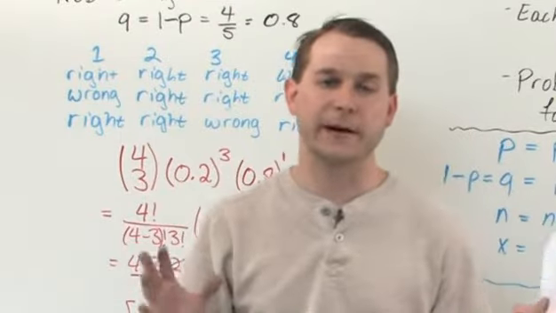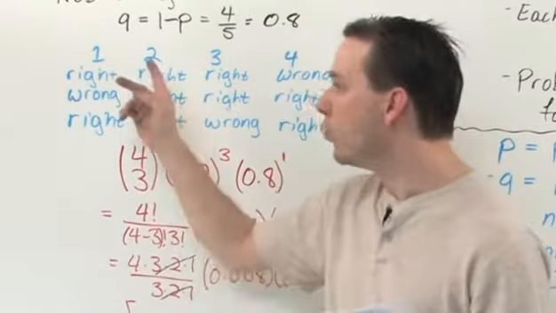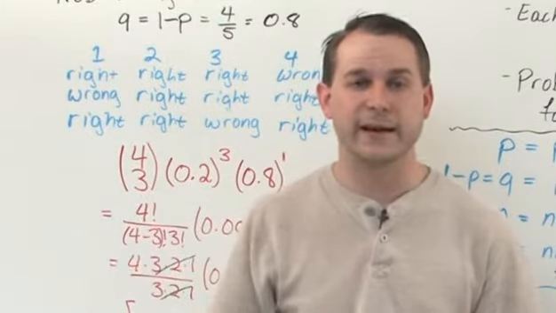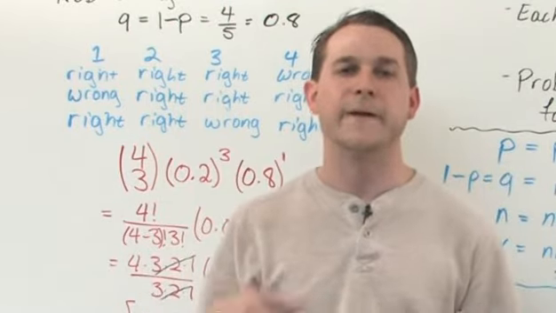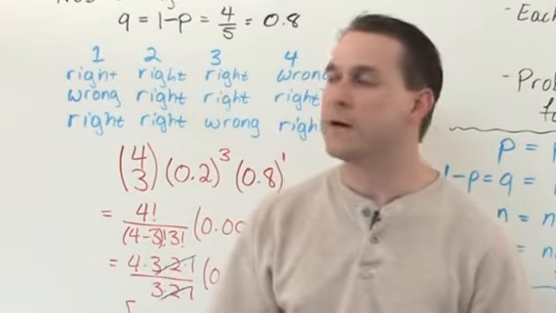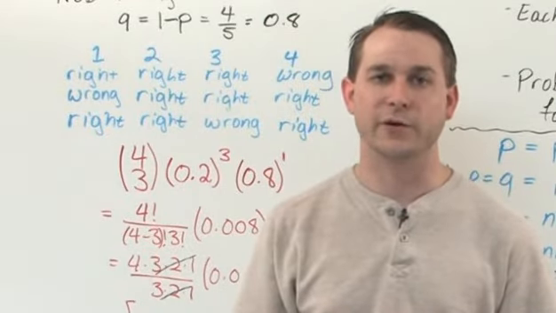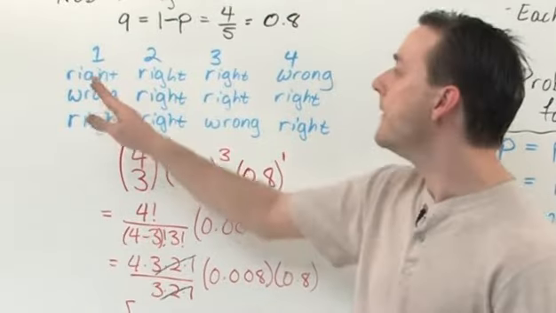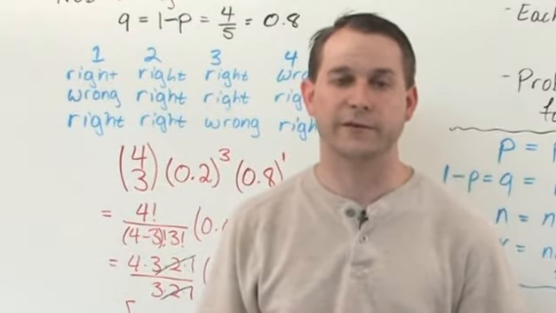And so when I write down my distribution function f of x, I could put 1 success, 2 successes, 3 successes, or all 4 successes. I could put them in as x, and I would calculate the probability. So the distribution function is going to let you solve the problem for any number of correct questions, or whatever the analog is in the problem that you're looking for. But in this problem, it would be however many questions you wanted to calculate correct out of 4 questions. 4 is the number of trials.